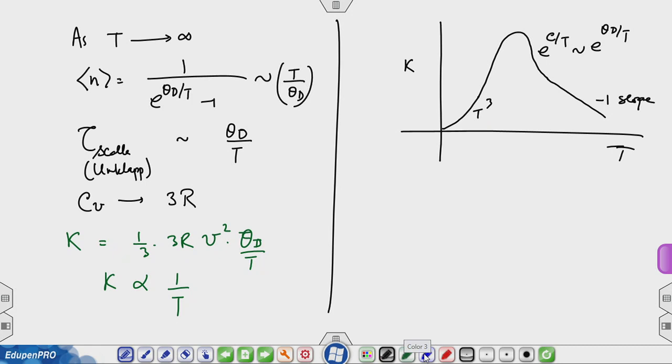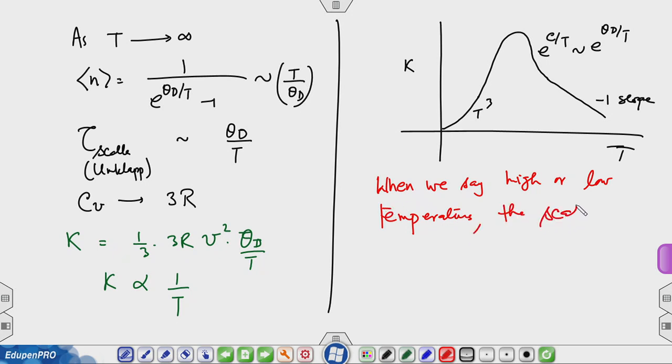So, let me write here that when we say high or low temperatures, the scale is provided by theta d.